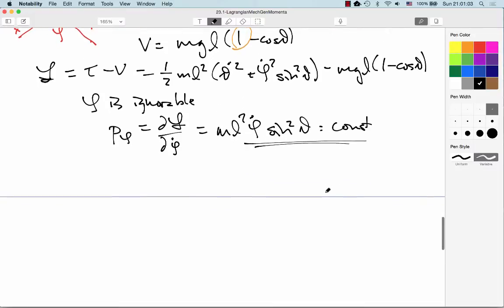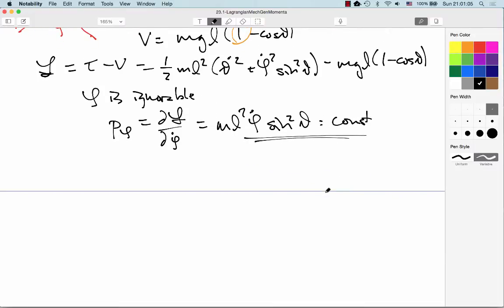All right. So, an analogy to stuff we've done before, we'll let this much of it right here, just the phi dot sine squared theta, we'll decree that that is the spin. So then we can write that p phi is equal to m L squared times the spin.